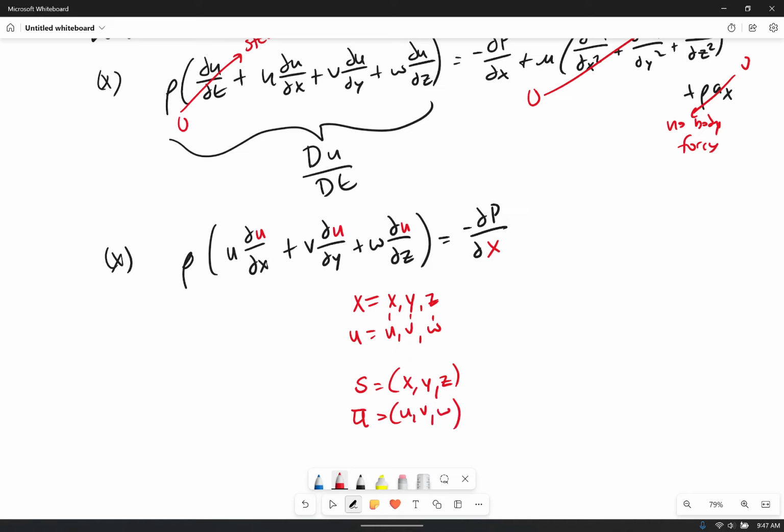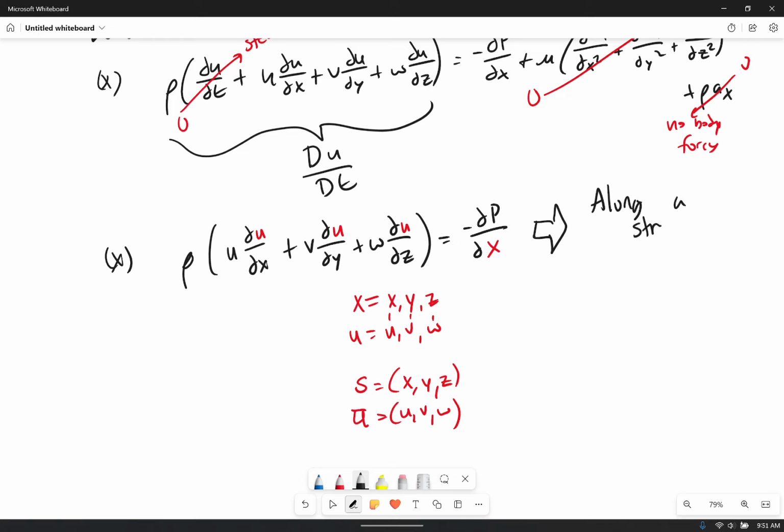Now, if I write it this way, I can then make my Bernoulli equation look a lot simpler. So let's go ahead and make it look a lot simpler because things will be really nice then. If I do that, and I assume this is along a streamline. Pen's being a bit weird there. There we go. Along a streamline.